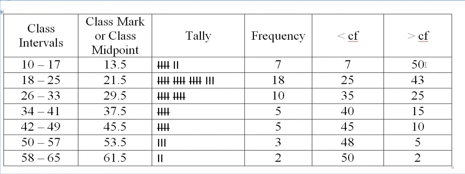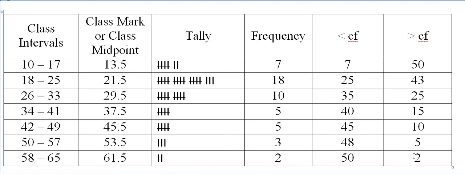Then 50 minus 7 equals 43. 43 minus 18 equals 25. 25 minus 10 gives us 15. 15 minus 5 equals 10. 10 minus 5, we get 5. 5 minus 3 gives us 2.